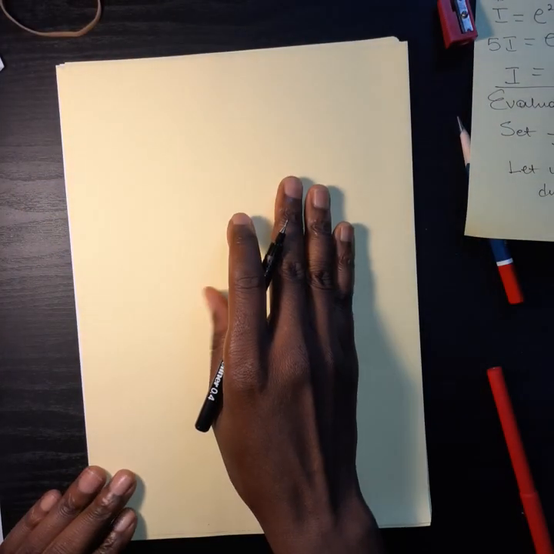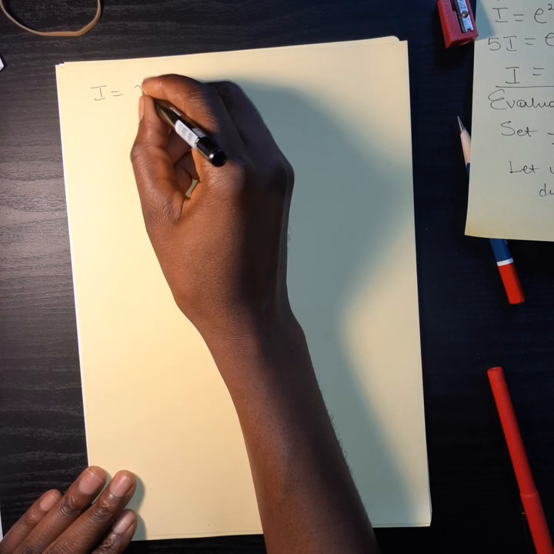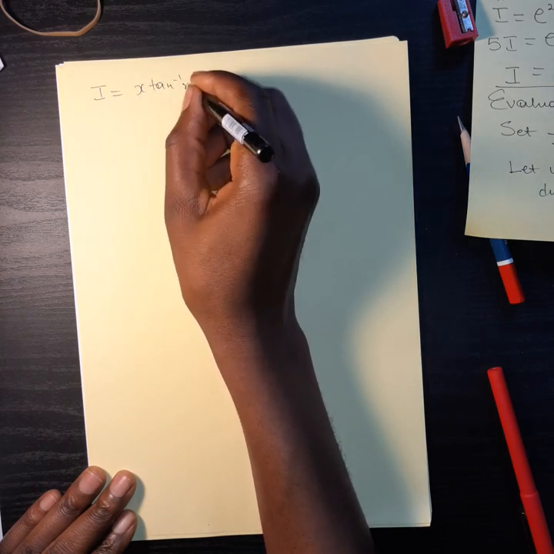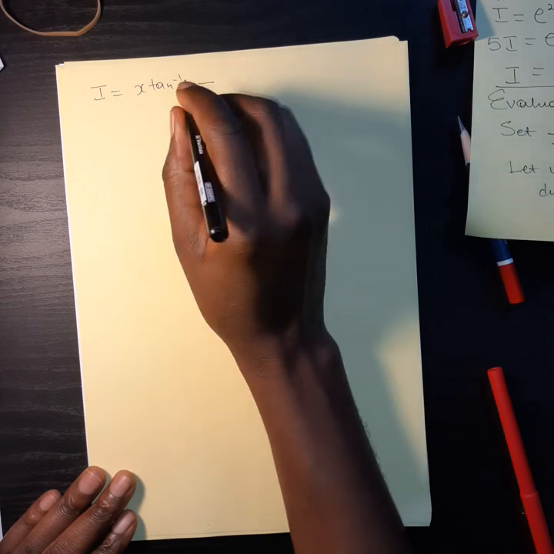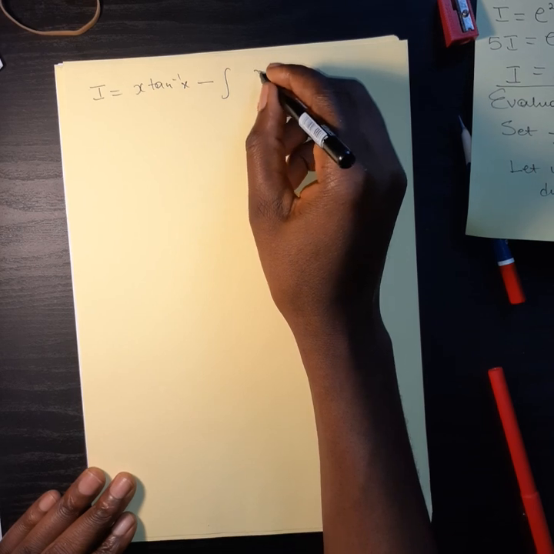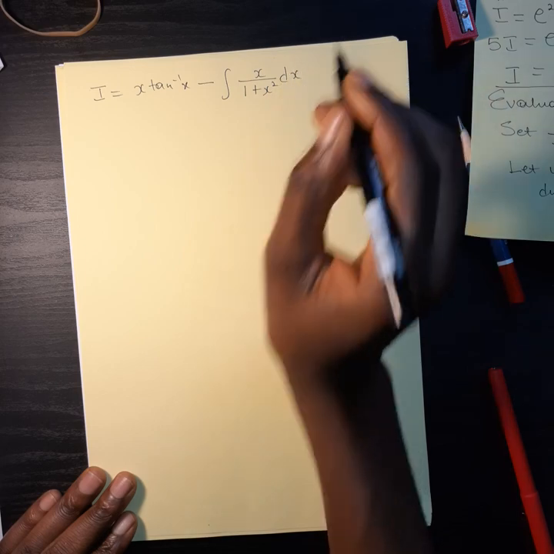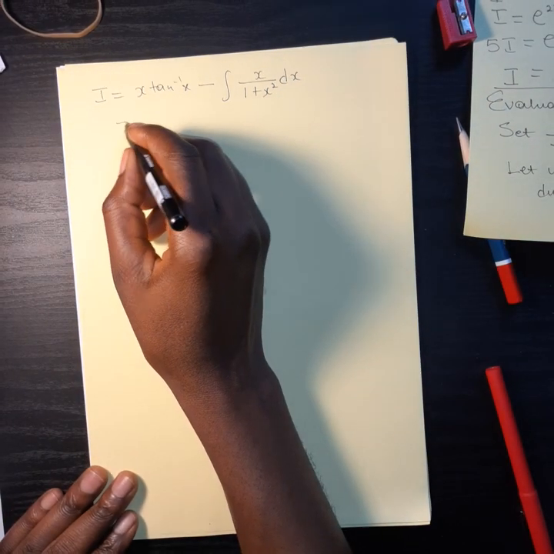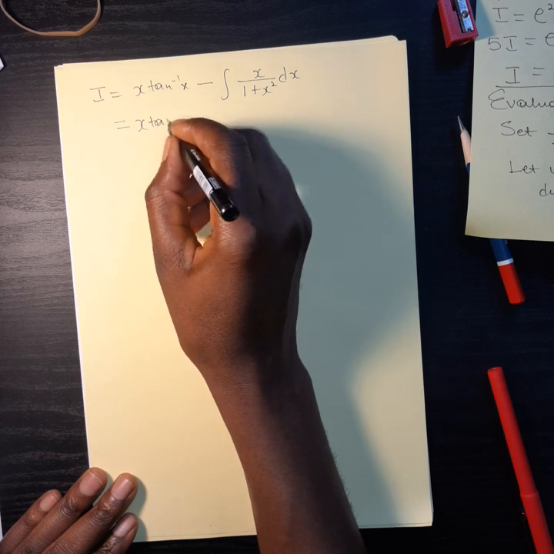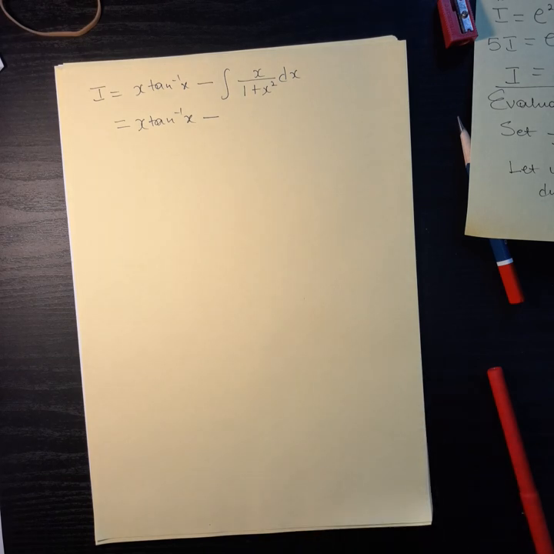So after doing that, it tells us that our I, it's uv, which is x arctan of x, minus the integral of v dx, which is x over 1 plus x squared dx, like that. And this is going to be x arctan of x minus, you can do your u substitution, whatever.